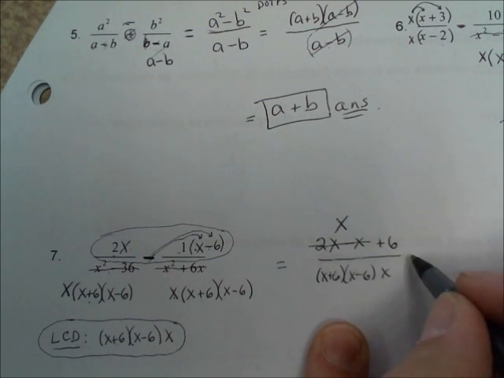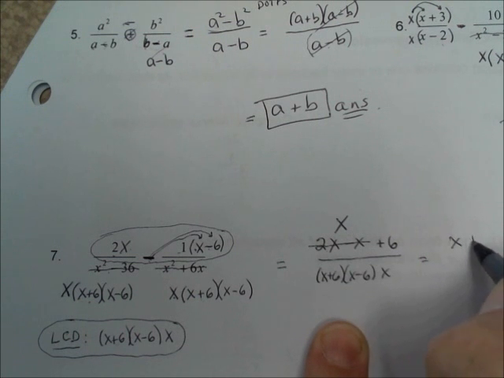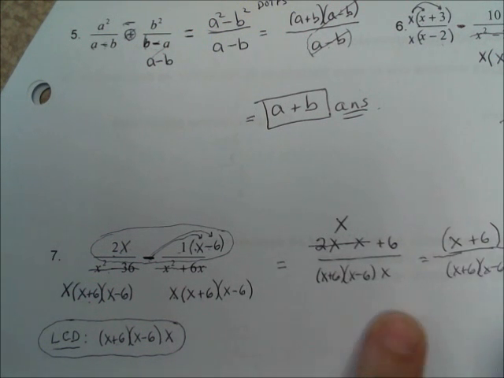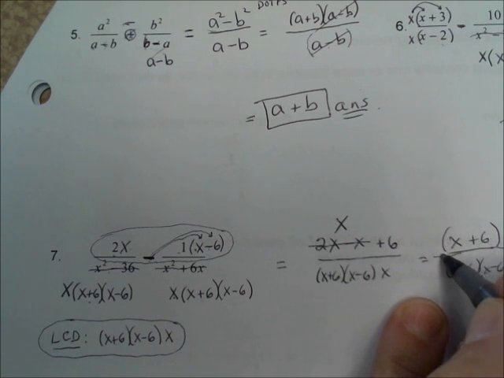And what do we have now? We have x plus 6 in the top, x plus 6 all over x plus 6 times x minus 6 times x. If you want to surround this numerator with parentheses, that's fine, and it might help you see that this x plus 6, this whole binomial, cancels out with this whole binomial because it's a factor.